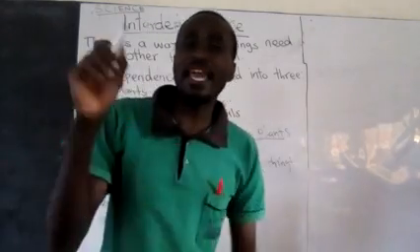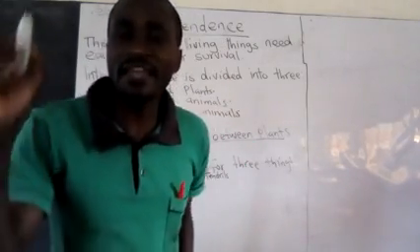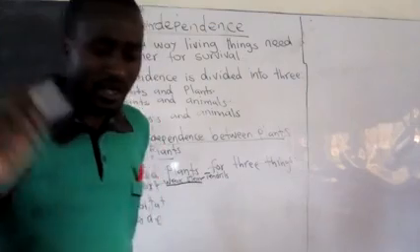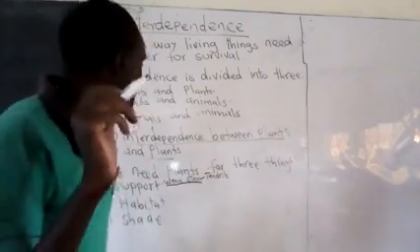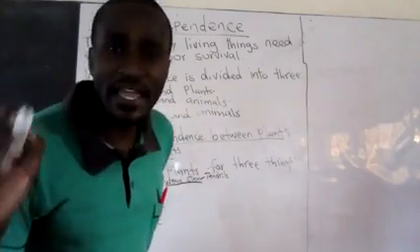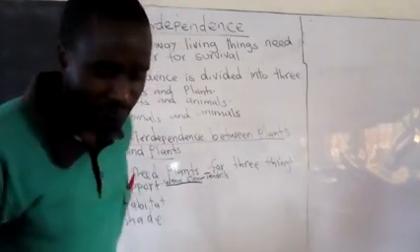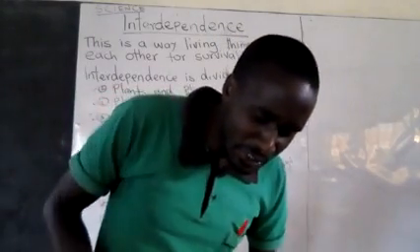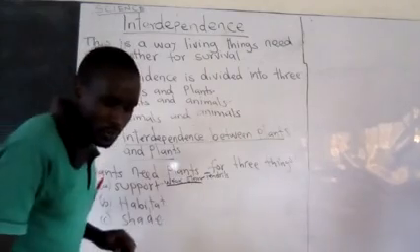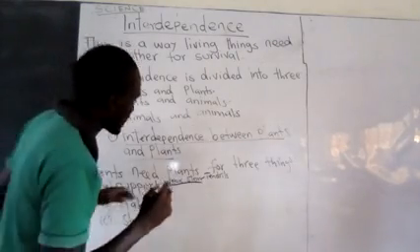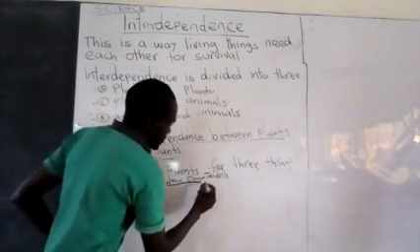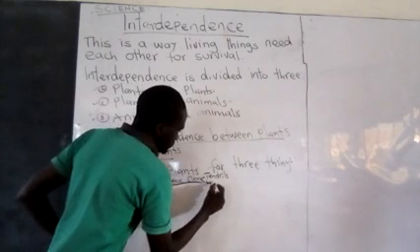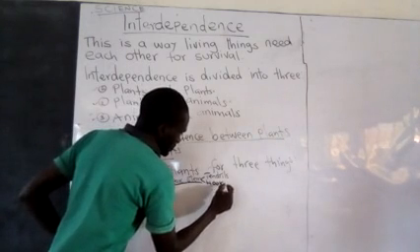Tendril is a modified leaf. I'm repeating, tendril is a modified leaf. The other thing which these plants use to support themselves on other plants with strong stem, we have hooks.